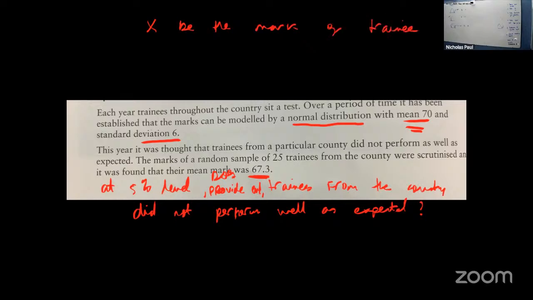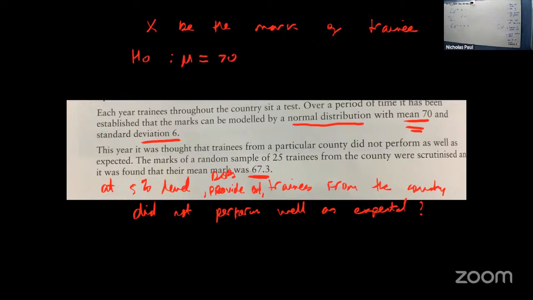Because that's what they're looking at, the average mark of the trainee. Next, the H naught. Your H naught will always come from the population. So your H naught is mu equal to 70.